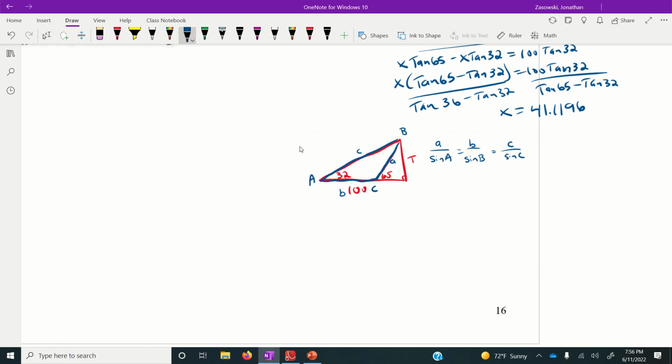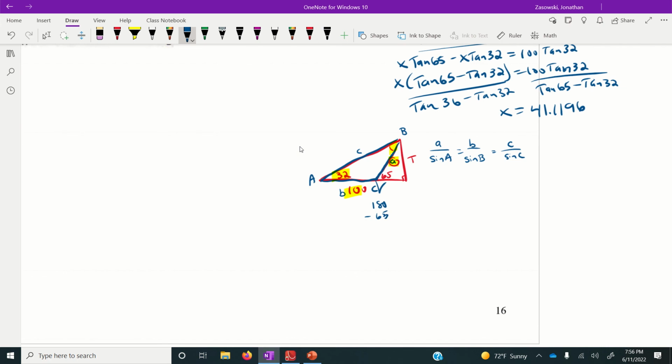So think about it. We know what this side is. So in order to use this side, we actually need to figure out this angle. Because we are going to use this side, right? This A, we have the 32. If we want to use the 100, we need the angle across. We can get it because we have the angle that's 65. And so right next door to it has to be a 115.